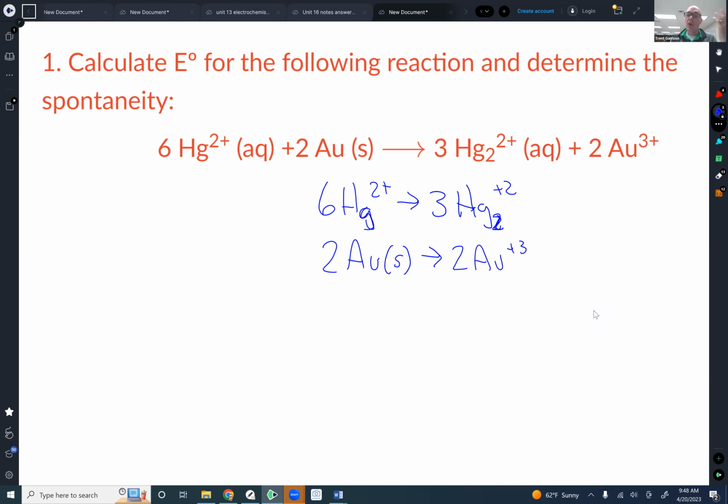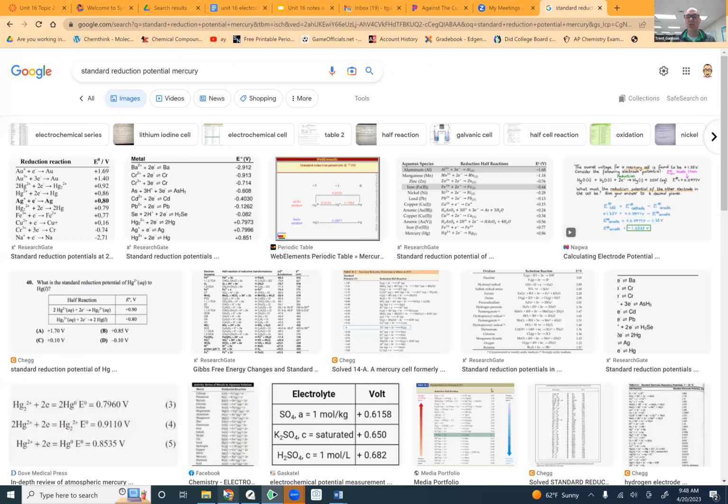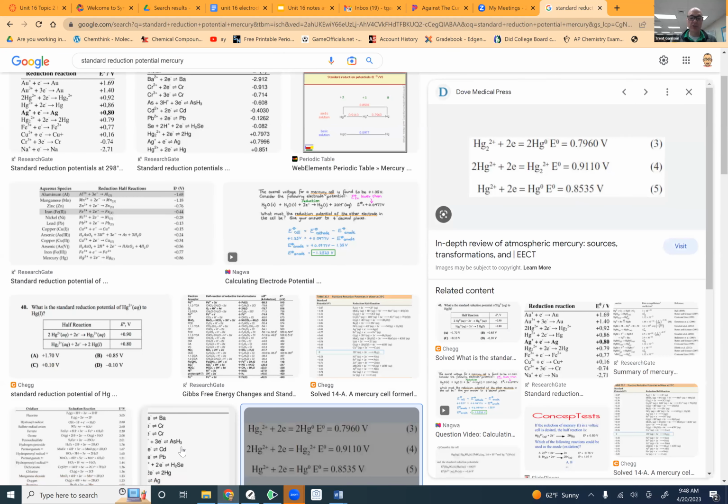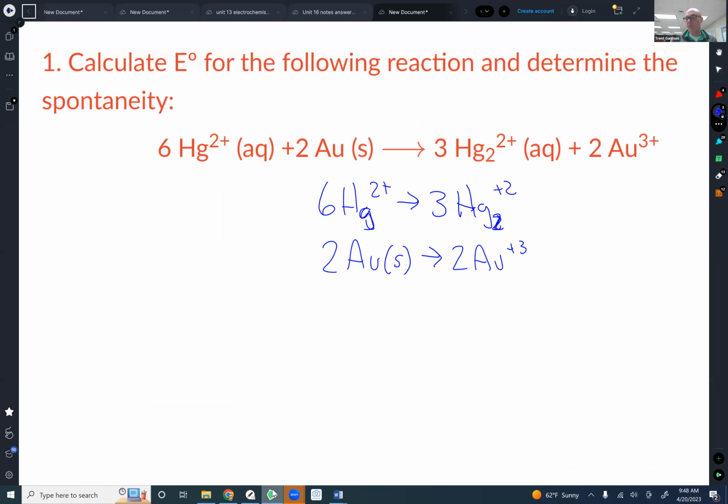Now I can Google this, and my sharing of the screen here should show you that you just Google these values and they will tell you what they are. So here it is down here. It's not too challenging if you want to try that, or the more recommended path is to reference the laminated sheet of standard reduction potentials I have given to you.